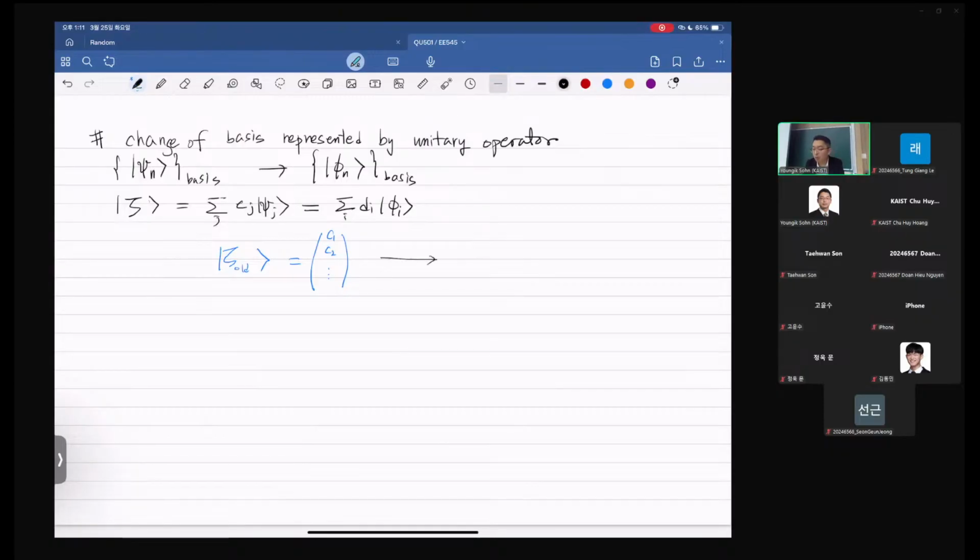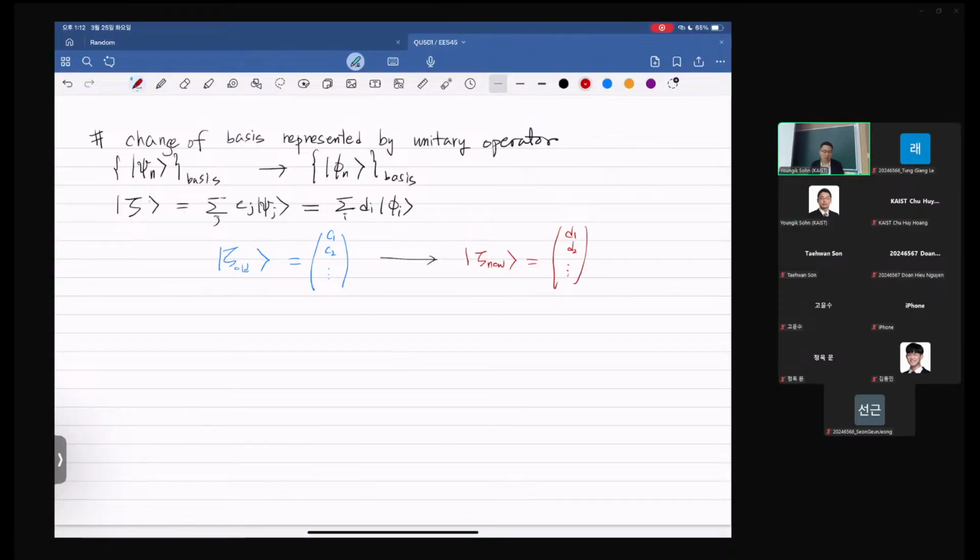Now I want to use a representation made with the new basis, okay? With the new basis, how do I do it? Let's say I want to write it as this is new, written in terms of the phi basis, and it's going to be d1, d2, and so on.